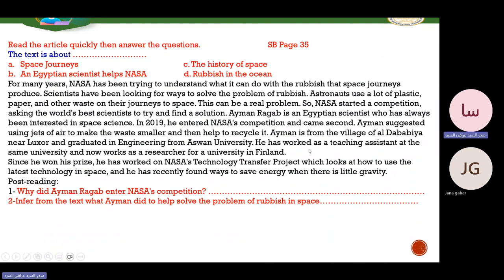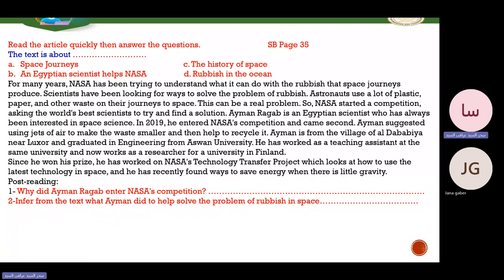He has worked as a teaching assistant at the same university and now works as a researcher for a university in Finland. Since he won his prize, he has worked on NASA's technology transfer project, which looks at how to use the latest technology in space. And he has recently found ways to save energy, where there is little gravity.